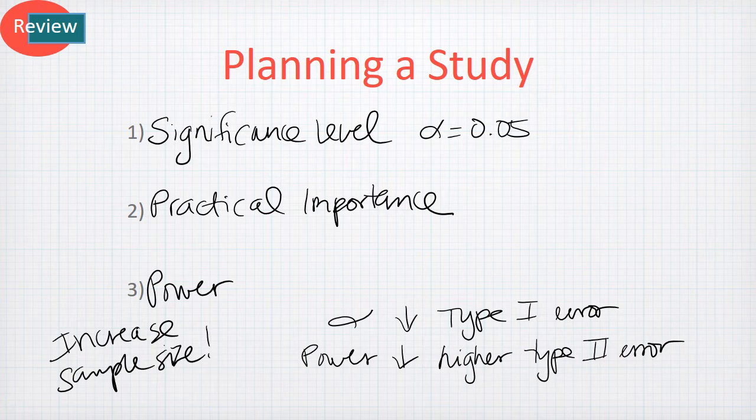So really, at any significance level and desired power, detecting a small difference as opposed to a large difference is going to require a larger sample size. So the moral of the story here is our best advice for maximizing power of a test is to choose as high of a type 1 error as you're willing to risk and as large of a sample size as you can afford.